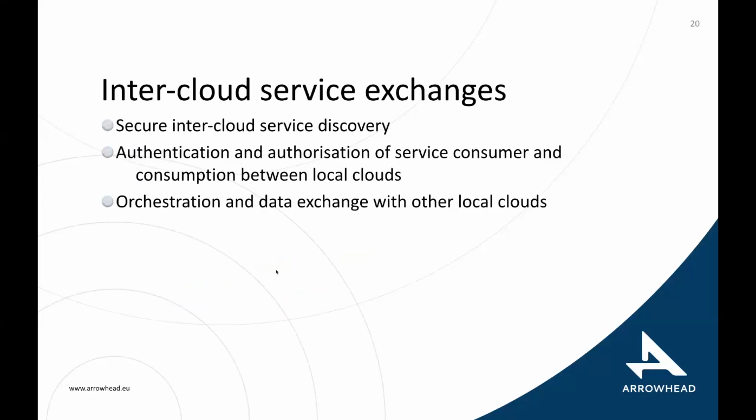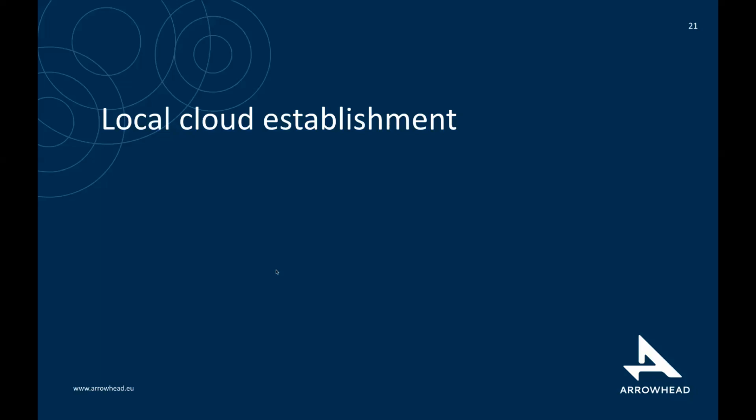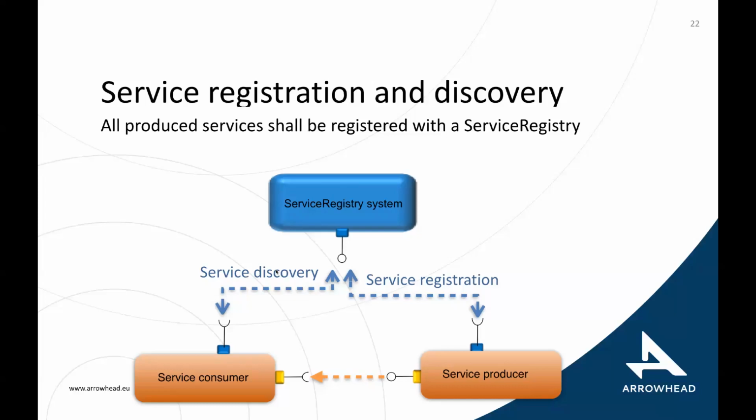So it's very clear that we need an inter-cloud service exchange capability, and that we need this to be part of the same security schema as what's inside each of these local clouds. So how do we create this? Can we establish such a local cloud, and what is necessary? First of all, we need a service registry.